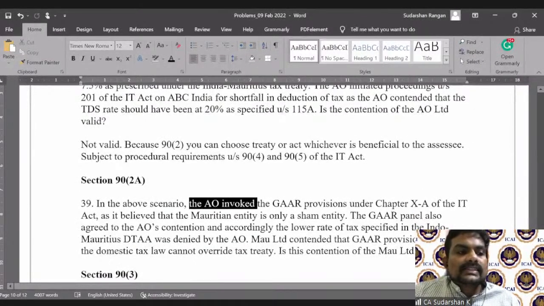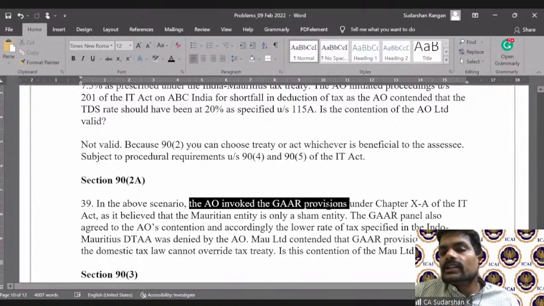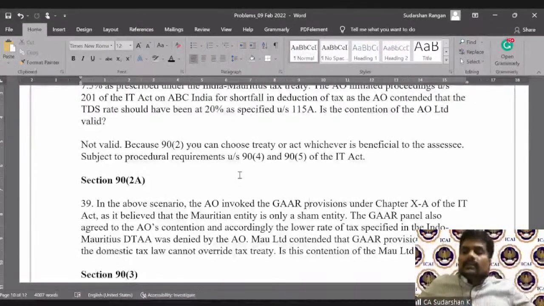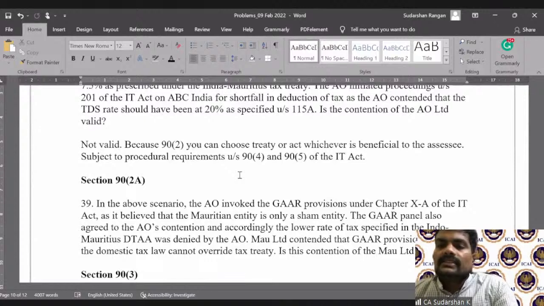Here, the assessing officer invoked the GAAR provisions. I'm sure you will be familiar with it, but if not, GAAR is General Anti-Avoidance Rules. This is under Chapter 10A of the Income Tax Act, where the assessing officer, if he believes that a transaction is entered to evade or avoid tax, has the power to recharacterize or treat the arrangement as impermissible. So it's called the General Anti-Avoidance Rule.